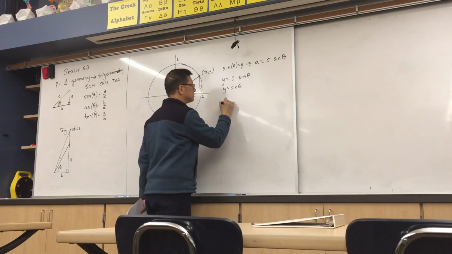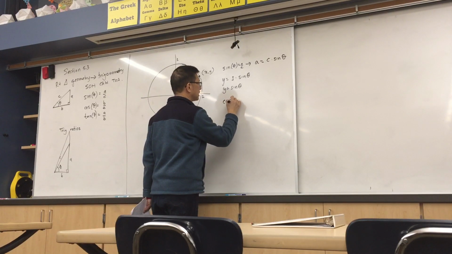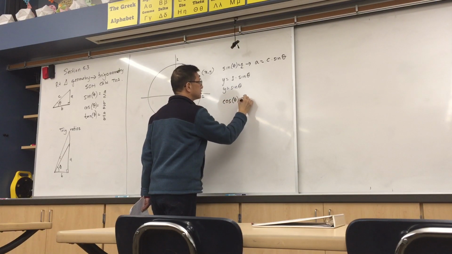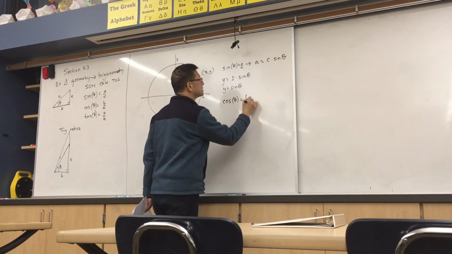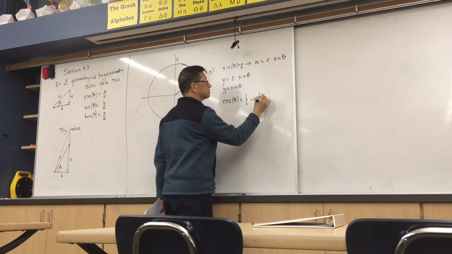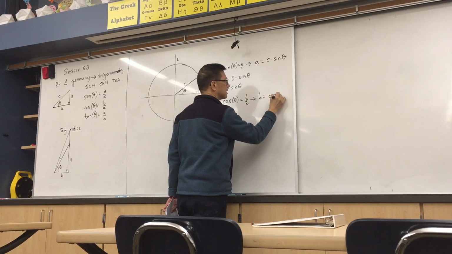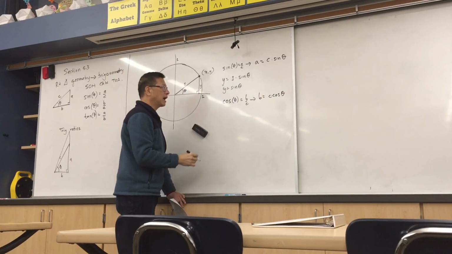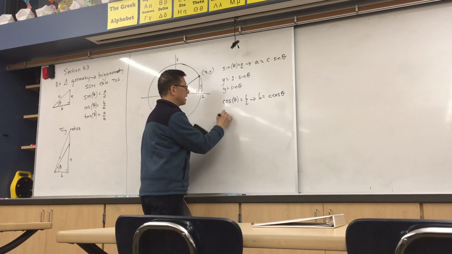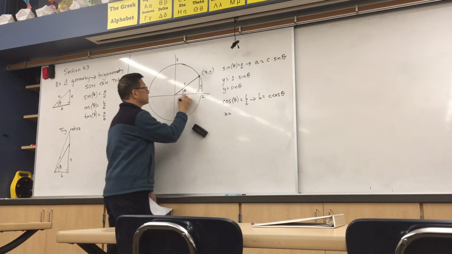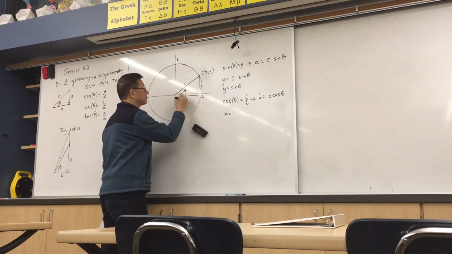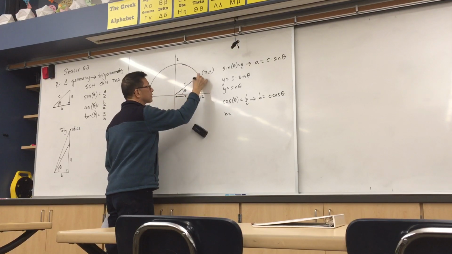Well, you know, I can also do the same thing with cosine of theta is equal to b over c, which means b is equal to c times cosine of theta. And we're going to get x, this distance x here, right?